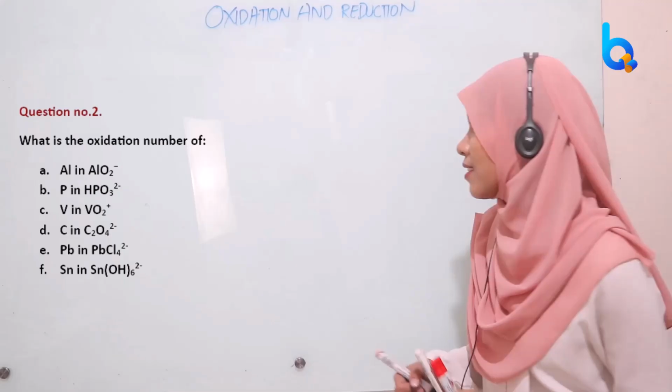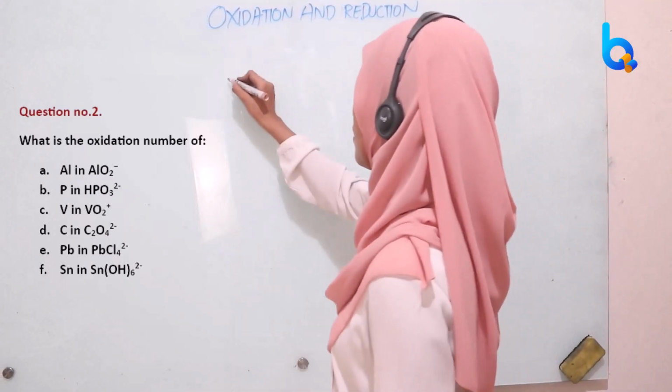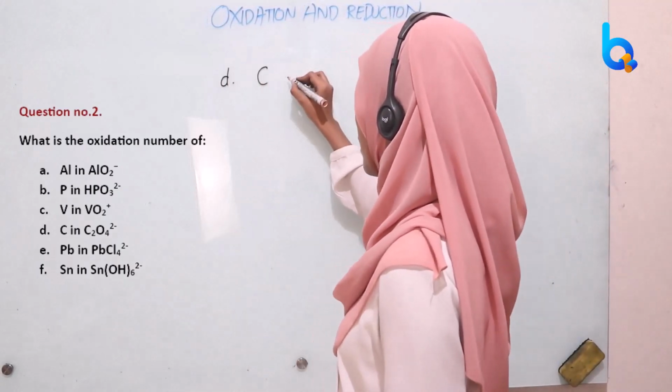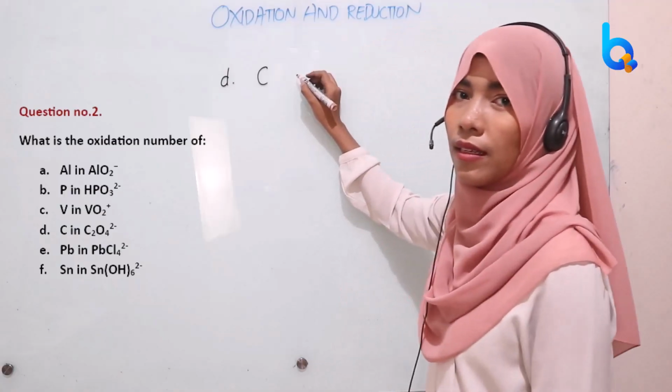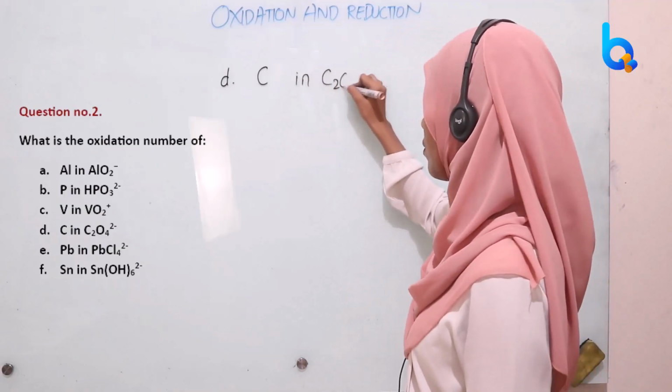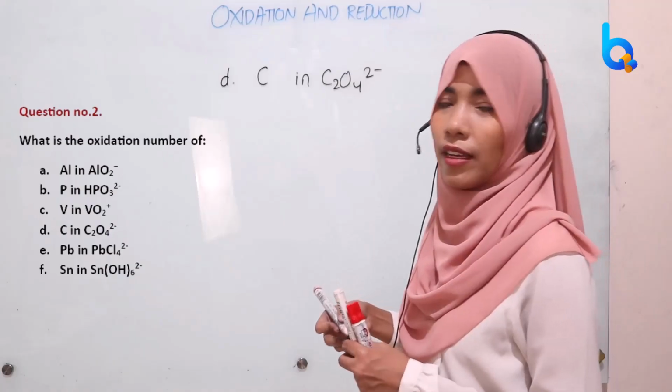Okay, so now let's discuss number D. We have to find the oxidation number of C in C2O4 2-.